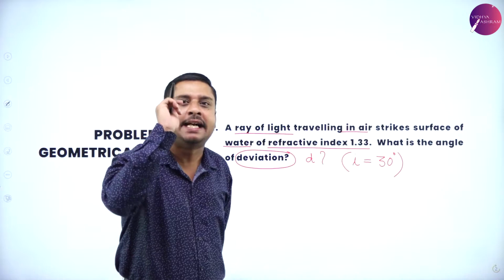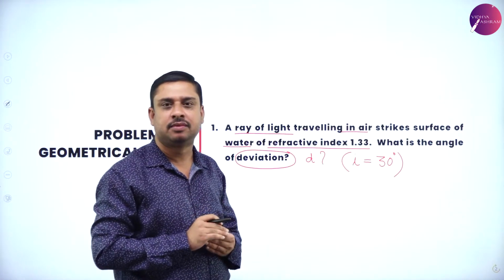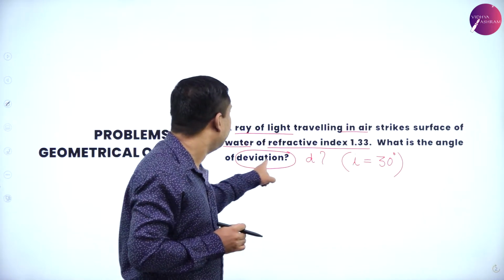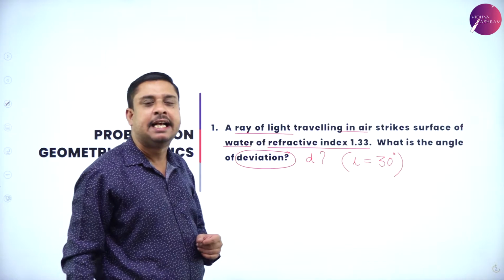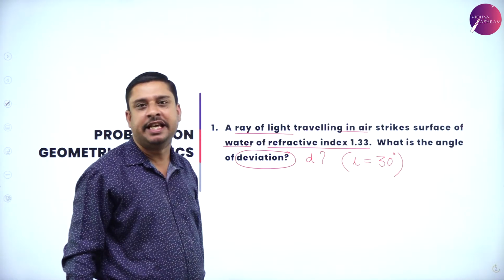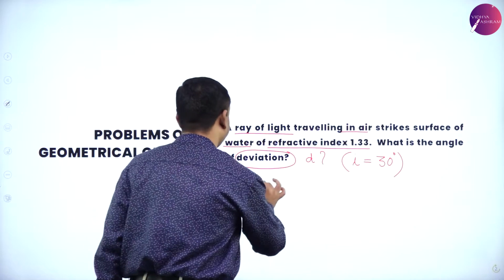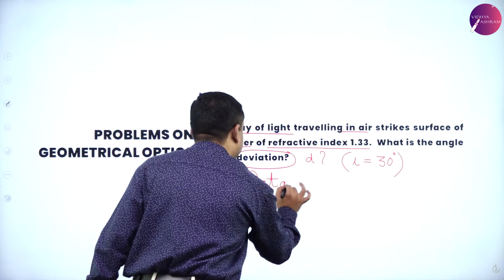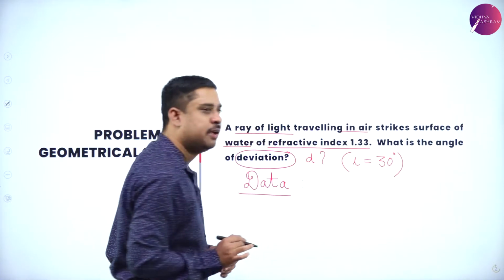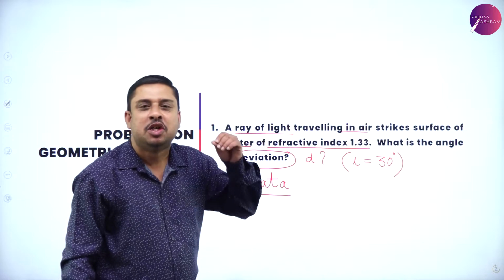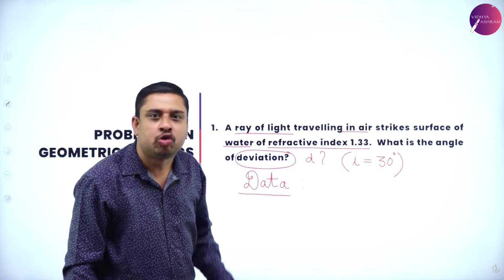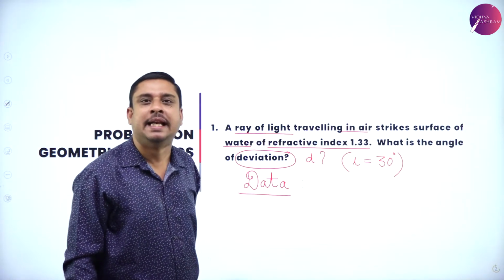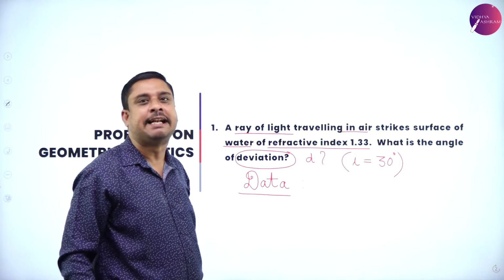Refractive index of water is given. What is asked, dear students? You're asked to calculate the angle of deviation. Collecting the data, as I usually say, if you have to reach the solution precisely, first you need to collect the data.